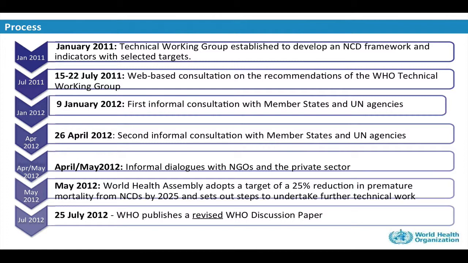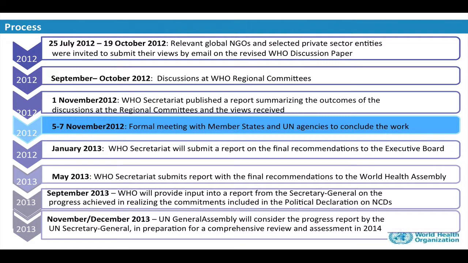This 25 reduction paper and the targets to be measured were published in July last year, discussed in the second half of last year, finalized in November, and concluded to be presented then in January. You see, it's all very rushed and hectic.